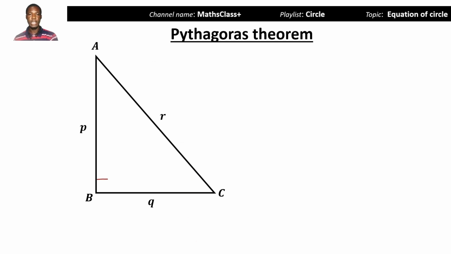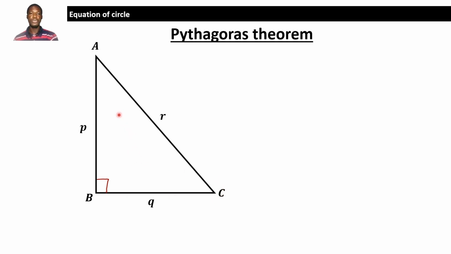So as you see this right angle triangle here, we have side AB, we have side BC, and we have side AC. Now if you look at it well, you will see that side AC is relatively longer than side AB and side BC.